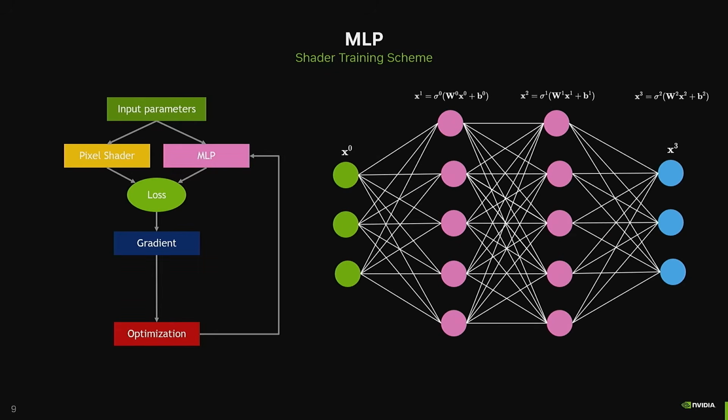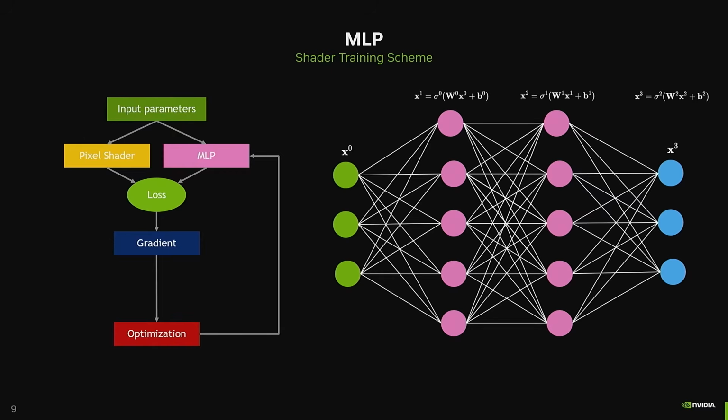So we organize it, and here is a chart of how we do that. We have input parameters. We put those input parameters the same way into the input of the pixel shader, in this case the Disney pixel shader, and into the input of the MLP.